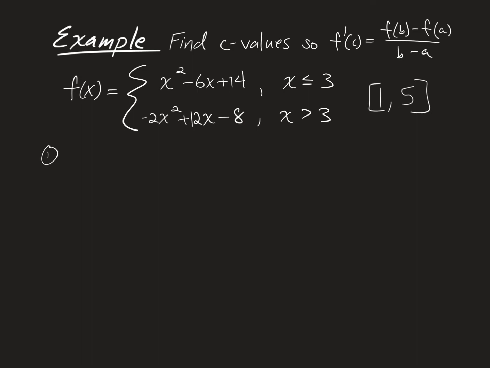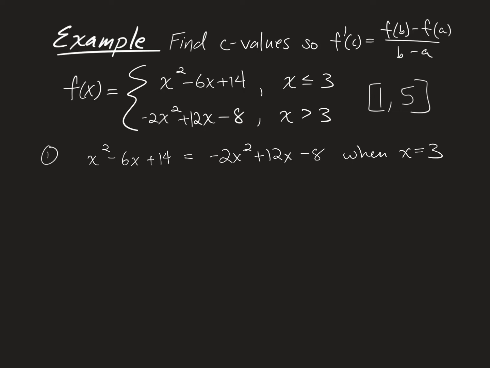The first thing we're going to do is check our conditions. So one, let's see here. Is this function continuous? Well, this is a polynomial function. This is another polynomial function. On this interval, though, there's a break in the function domains right here at 3. So really what we have to do is check that x squared minus 6x plus 14 equals negative 2x squared plus 12x minus 8 when x equals 3.